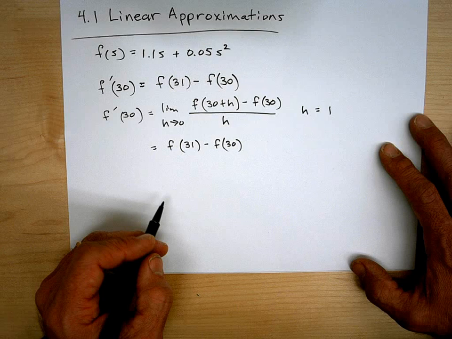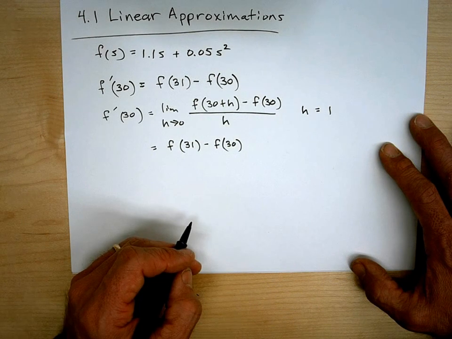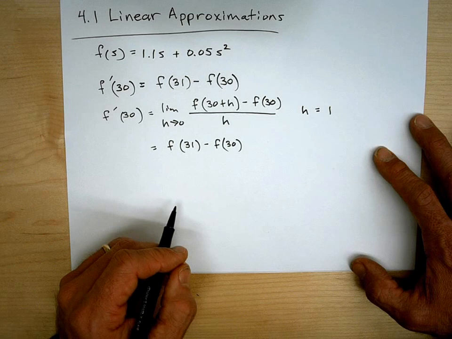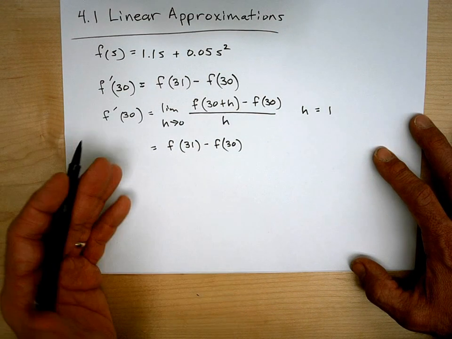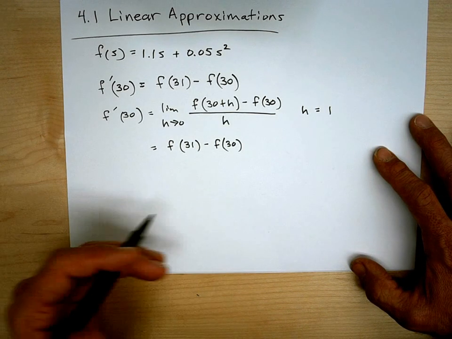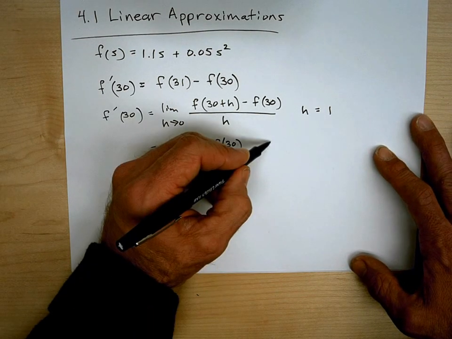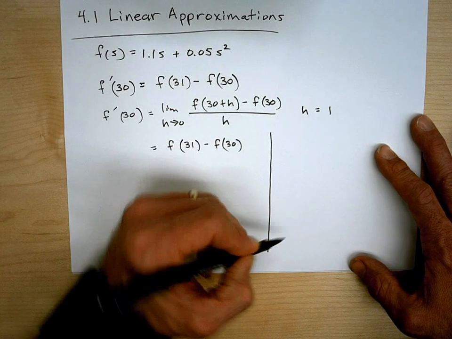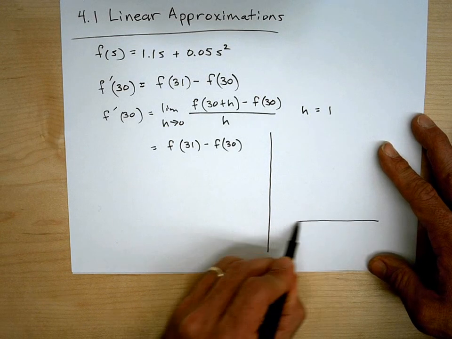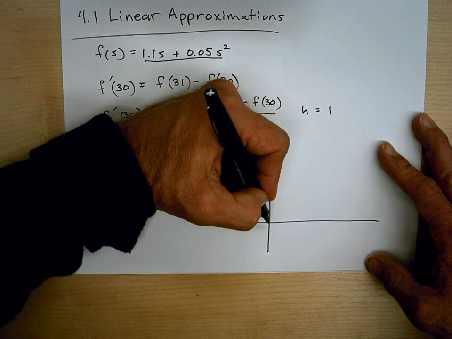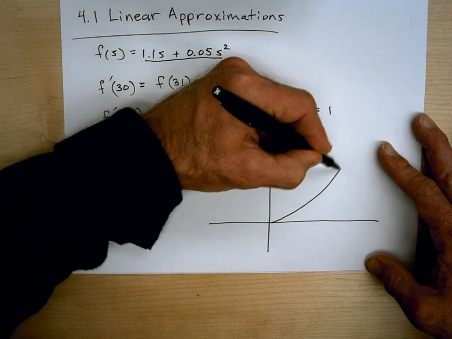For linear approximations, we're basically going the other direction. So we're saying if we know what our instantaneous rate of change is at a given point, then can we use that to approximate the function value? So let me just give you a graphical example. So if you graphed this function up here, all right, we get something that looks sort of like this.